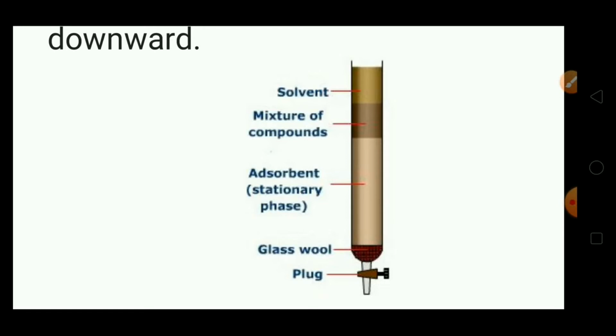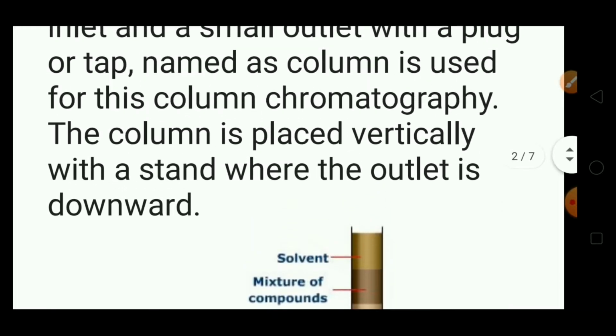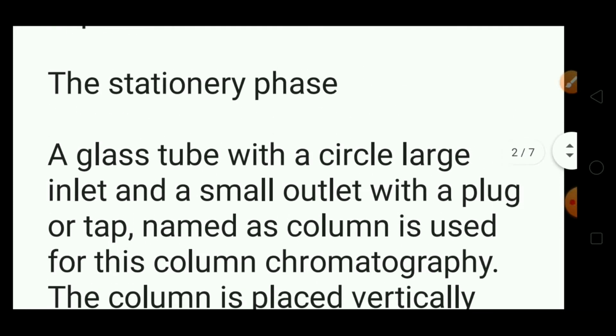In this diagram, the upper side is filled by solvent or mobile phase, in the middle is the mixture of compound, and at the bottom is the stationary phase. In the bottom is a glass bowl, and at the last I will describe in detail in front of you.